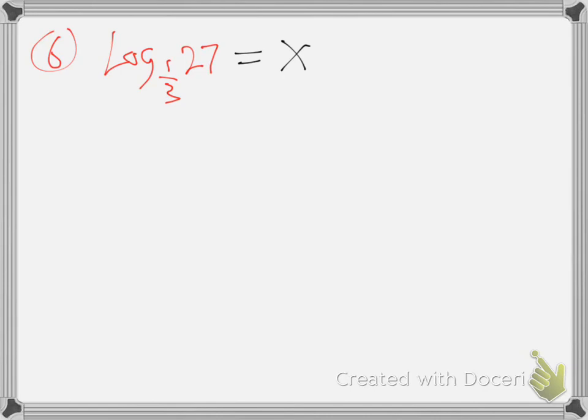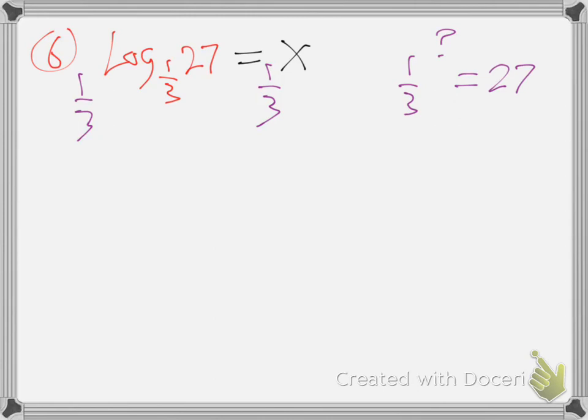If I do it the formal way, I would do the 1/3 on both sides. The informal way would say the power needed on a 1/3 to become 27.